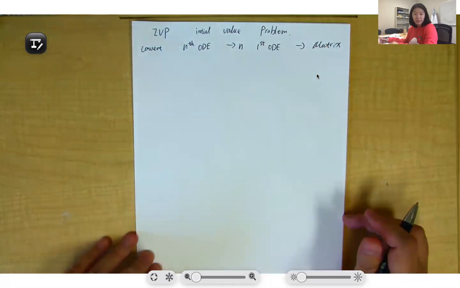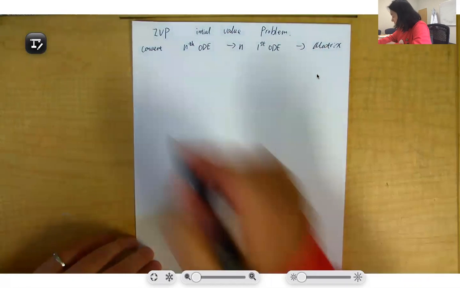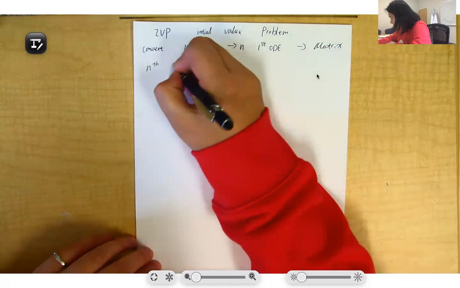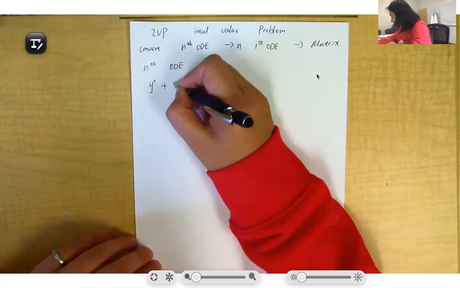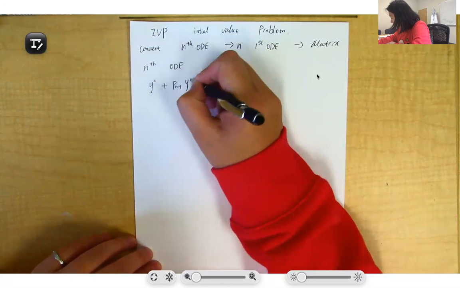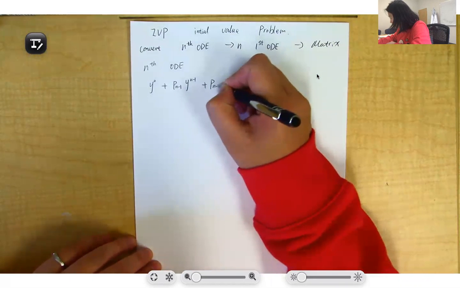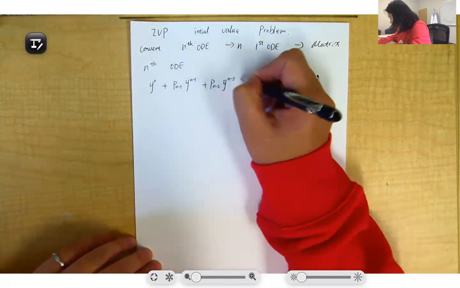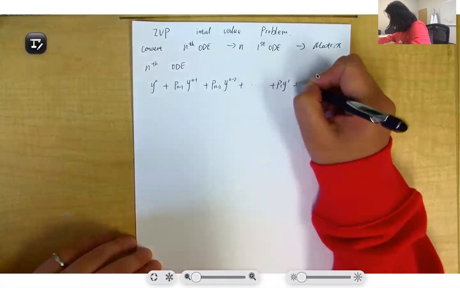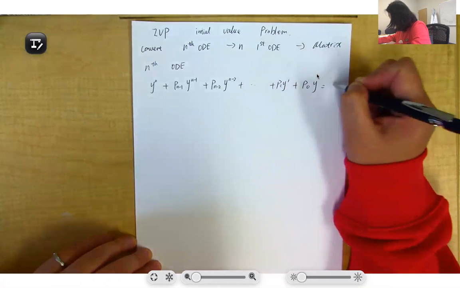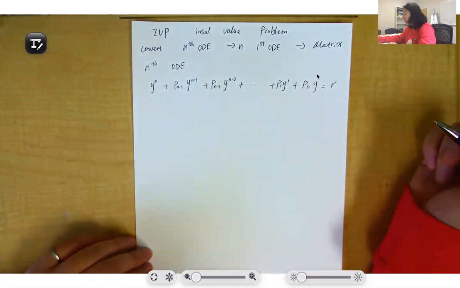Let's make an example. We have an nth order ODE, which we write as y^(n) plus p_{n-1} y^(n-1) plus p_{n-2} y^(n-2) plus ... plus p1 y' plus p0 y equals our forcing function.